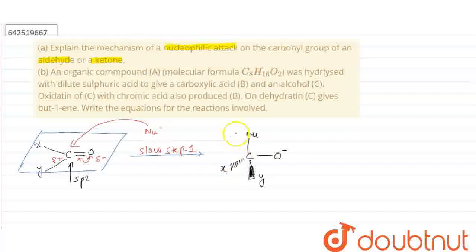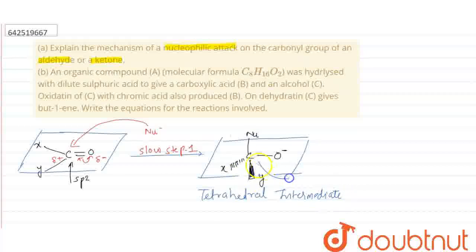We have a tetrahedral intermediate. And this tetrahedral intermediate is sp3 hybridized.